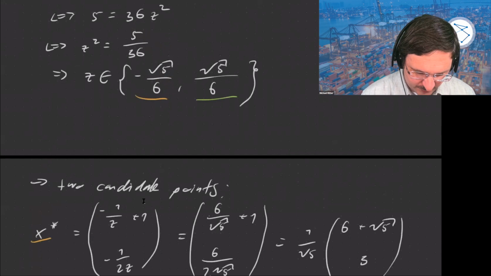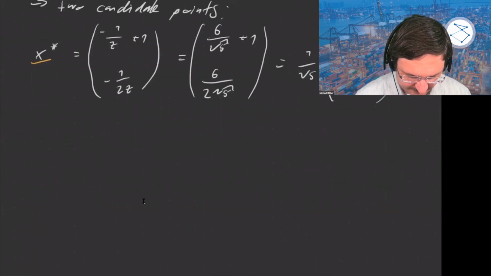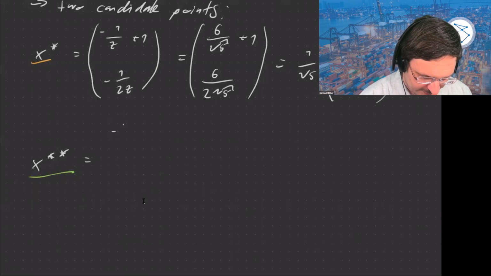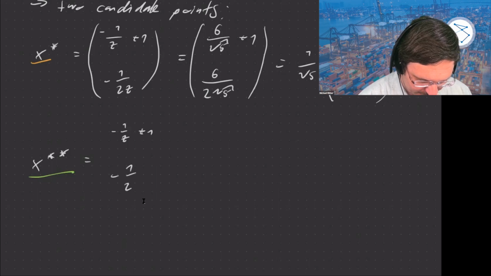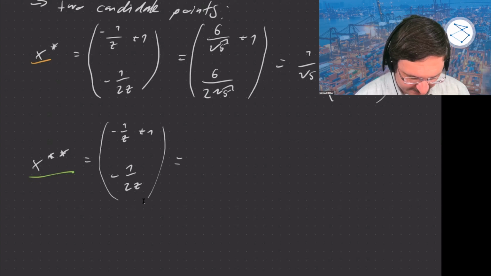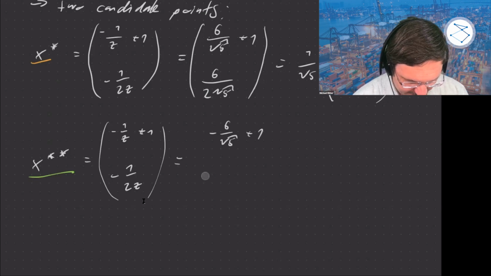And then the second point would correspond to this value here. So again, we have minus 1 over c plus 1 and minus 1 over 2c. And this time we get the negative values here. So we get minus 6 over square root of 5 plus 1, and we get minus 6 over 2 square root of 5.